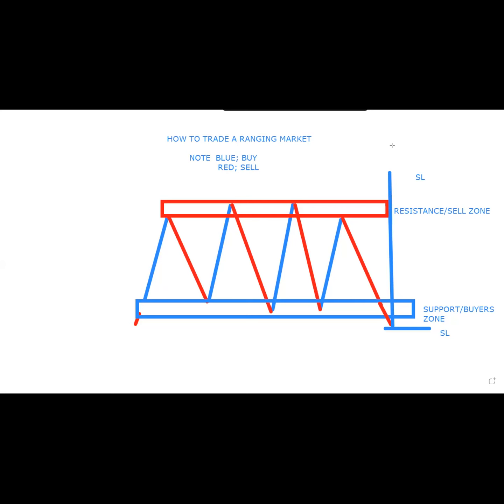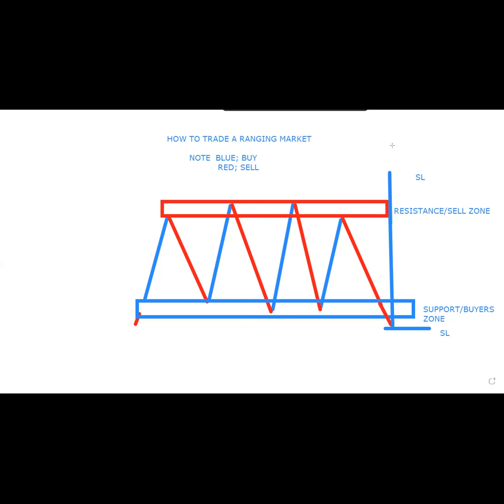Just write, to set your TP, look to the left in the past and see a zone that went higher than your entry area.